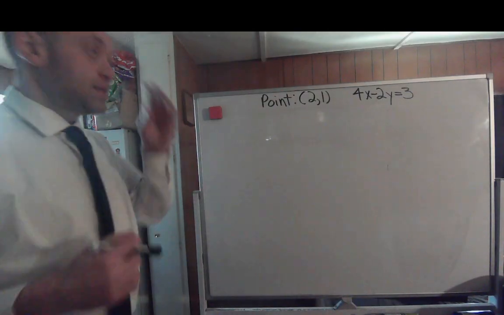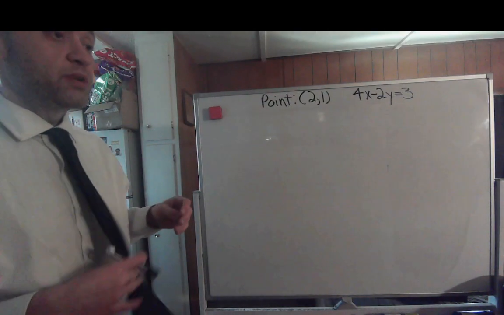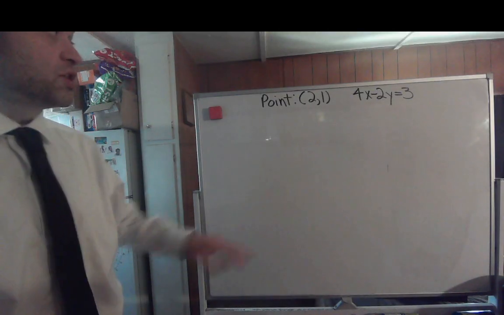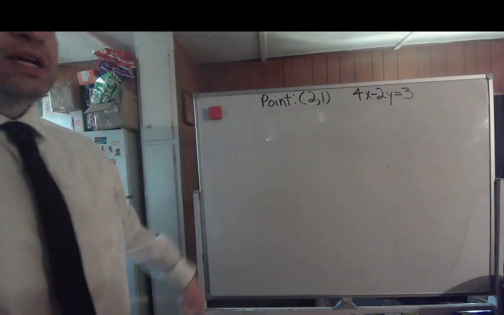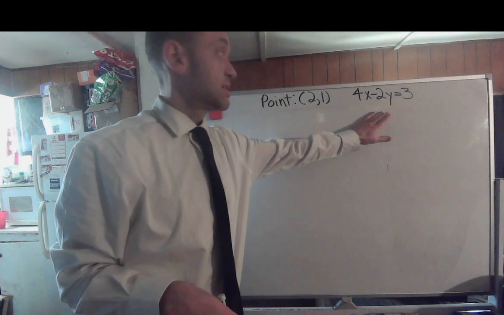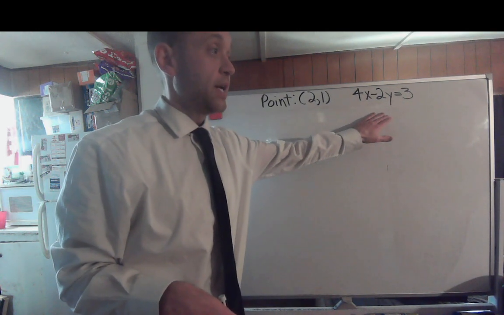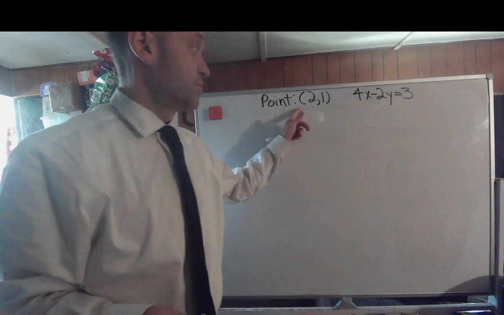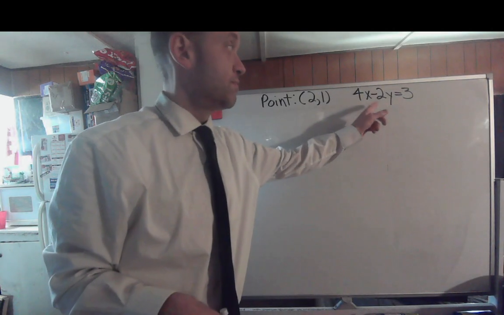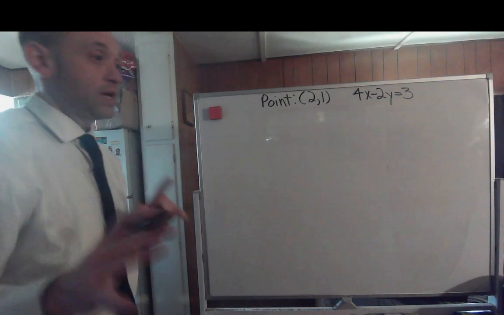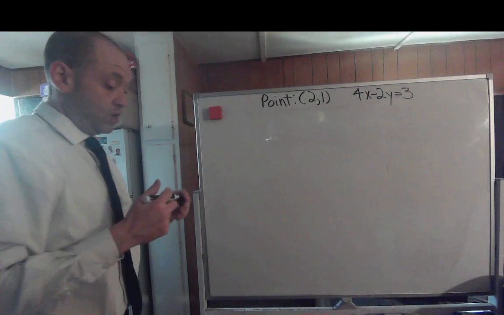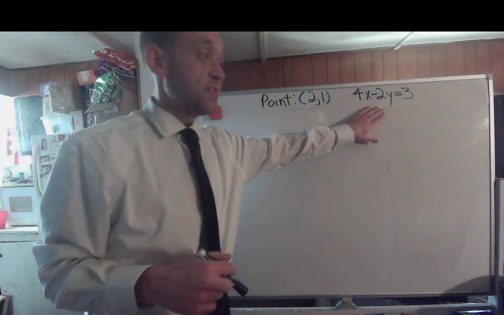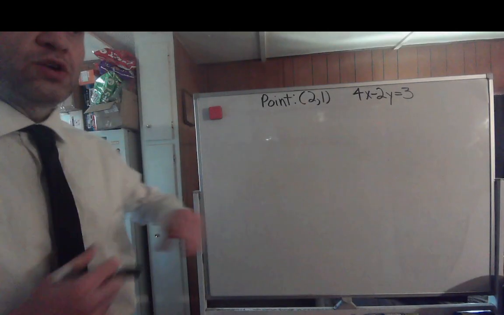They want us to first find the slope-intercept form of a line that goes through point 2, 1 that is parallel to 4x minus 2y equals 3, and also a line through this point that is perpendicular to 4x minus 2y equals 3. Okay. Well, over here on the right, we should get this into slope-intercept form so we know the slope, right?